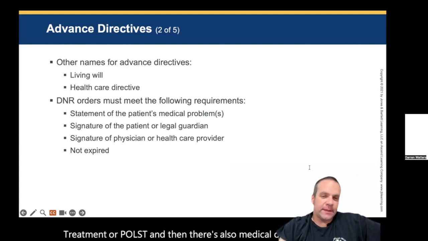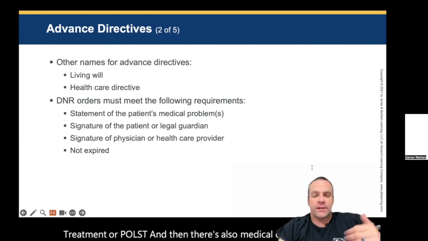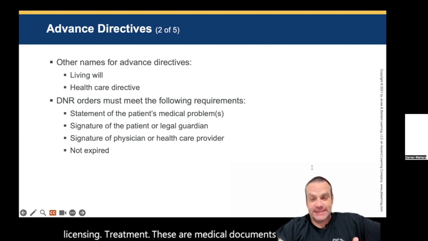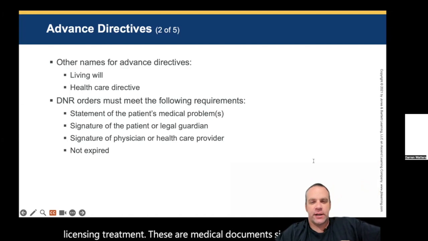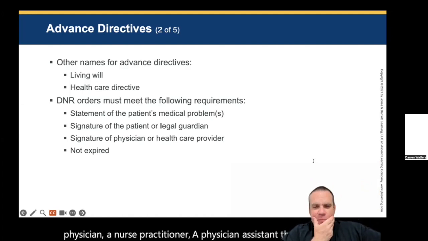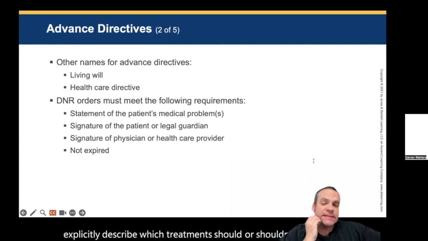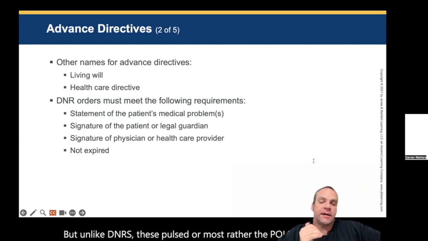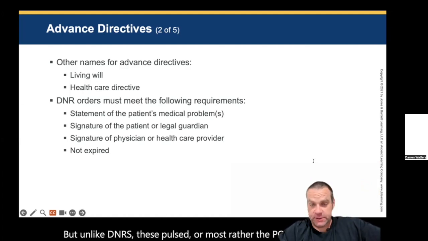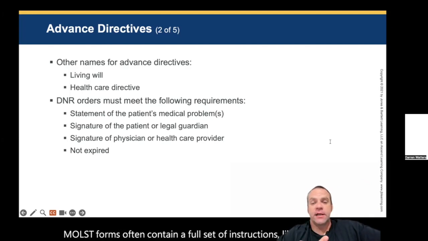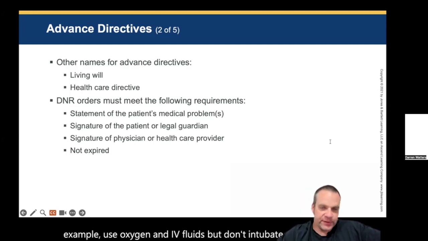These are medical documents signed by a physician, nurse practitioner, or physician assistant that explicitly describe which treatments should or shouldn't be used. Unlike DNRs, the POLST or MOLST forms often contain a full set of instructions. For example, use oxygen and IV fluids but don't intubate, or comfort care only, no CPR.